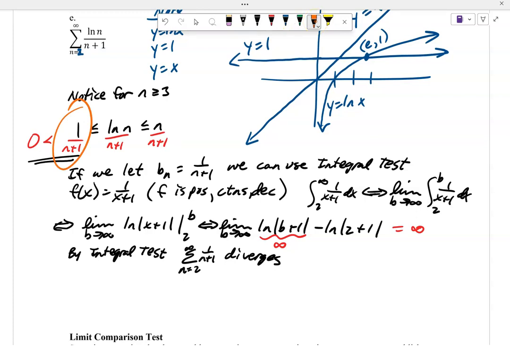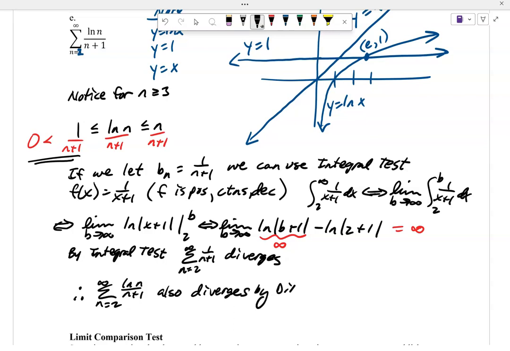So if the smaller one diverges, the larger one's got to diverge. Therefore, the sum of ln of n over n plus 1 from 2 to infinity also diverges by the direct comparison test.